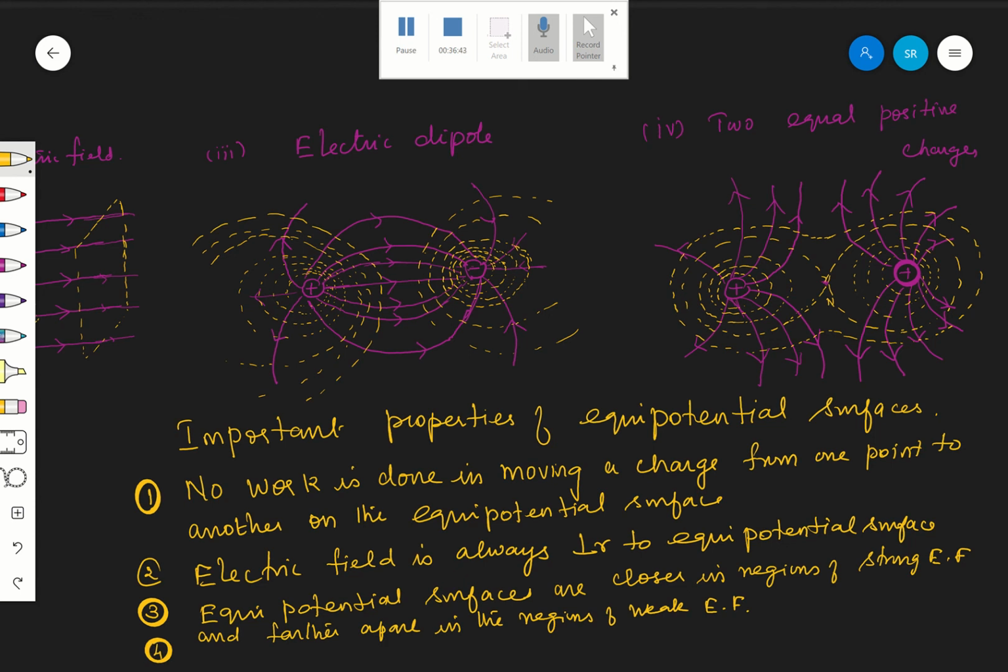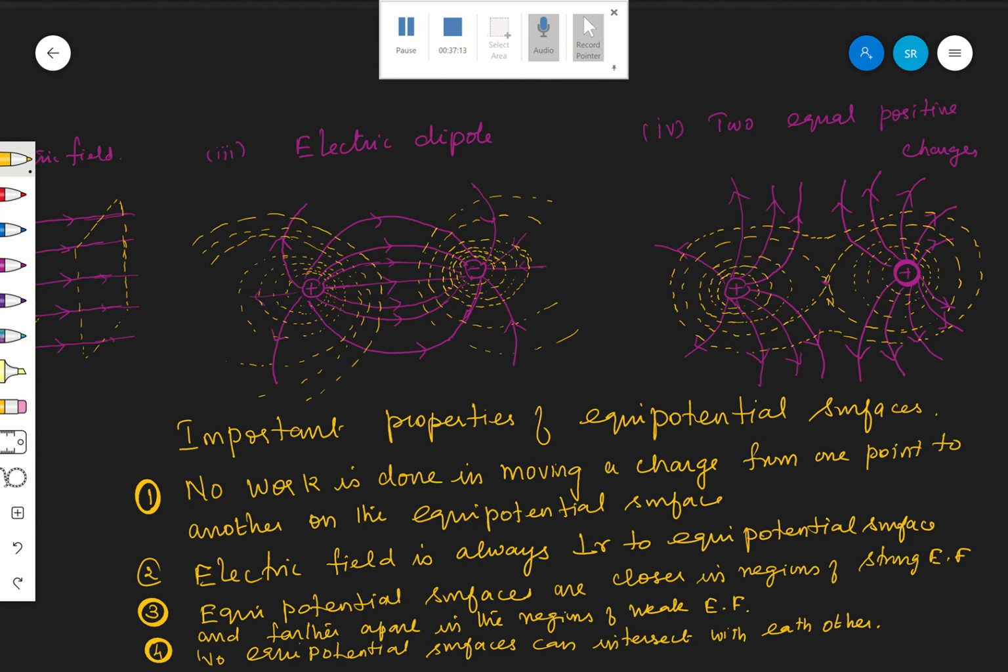And the fourth one: equipotential surfaces of a given charge won't intersect with each other, therefore no two equipotential surfaces can intersect with each other.